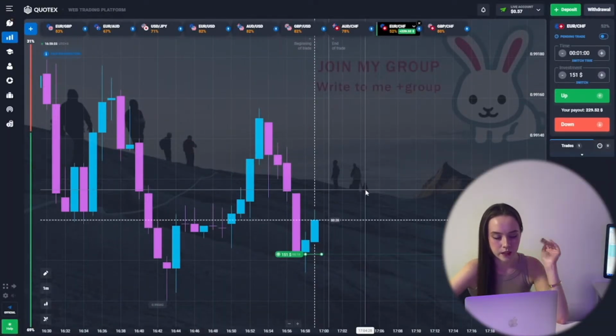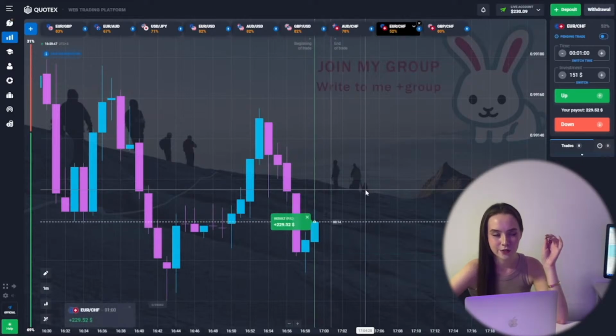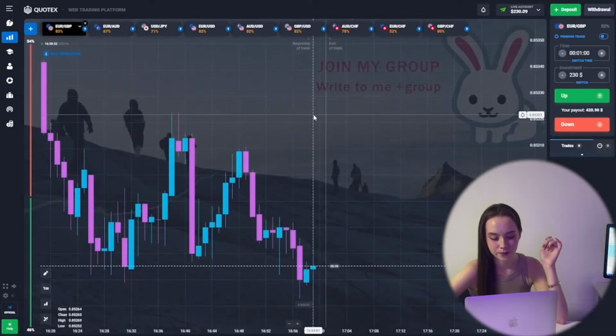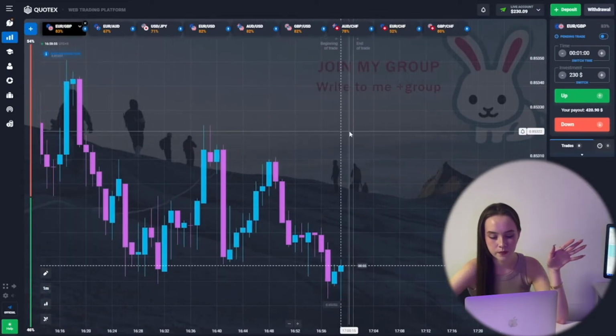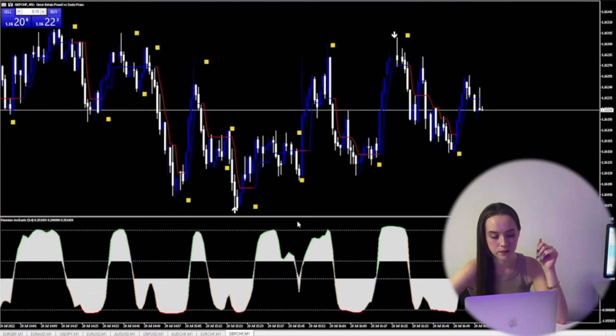There is a little time left to wait before the deal comes in plus, and our balance is already $230, and we don't stop and keep moving on. We move to MetaTrader and we will find a good entry for the transaction.